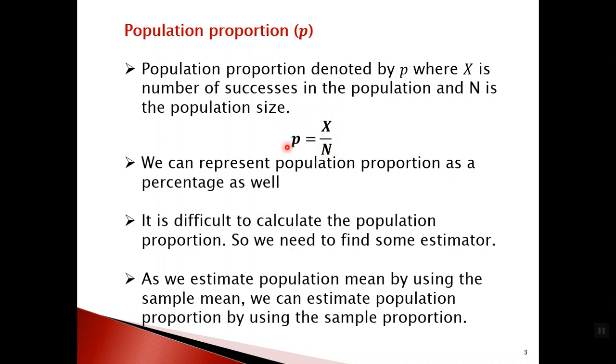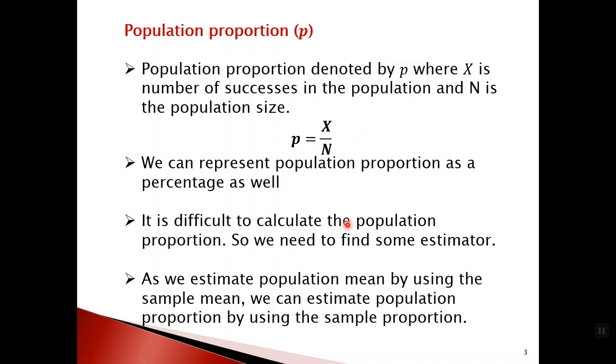So, p equals capital X divided by capital N. This capital X means the number of successes in the population, and this capital N means the population size. We can represent this fraction as a percentage. If you multiply it by 100, you get a percentage value.